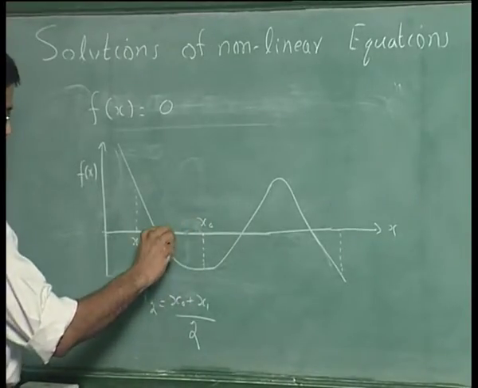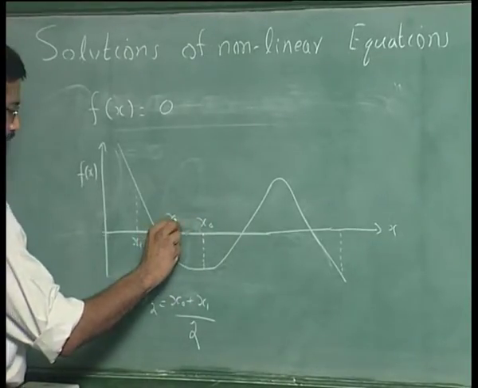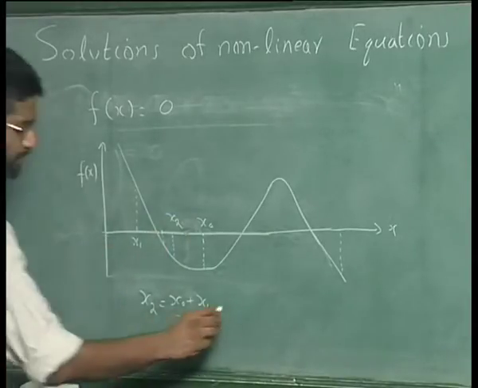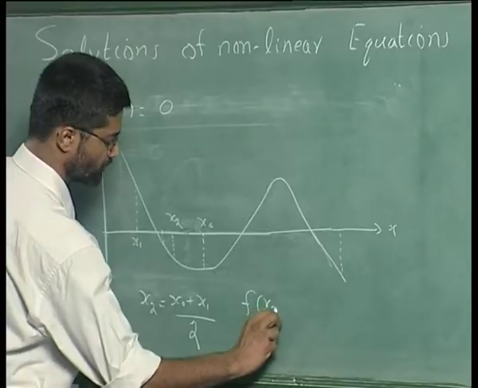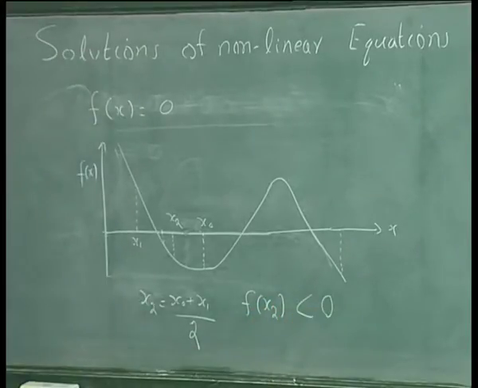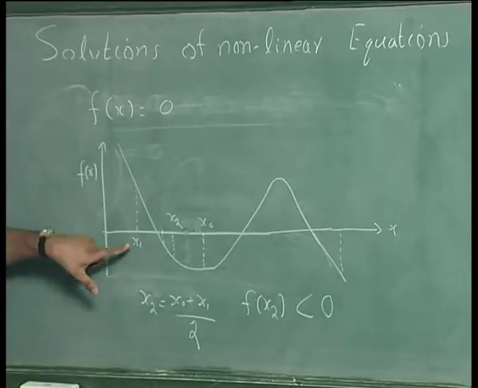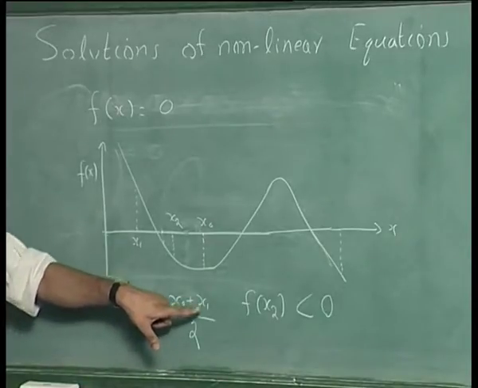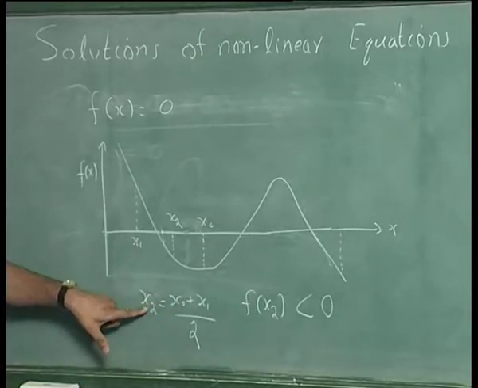The x2 would be somewhere here. From this graph you can see that f of x2 is less than 0. So you have first x0 and x1, then you found x2, which is the midpoint of x0 and x1, and then we find f of x2.